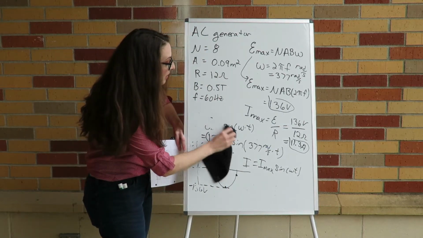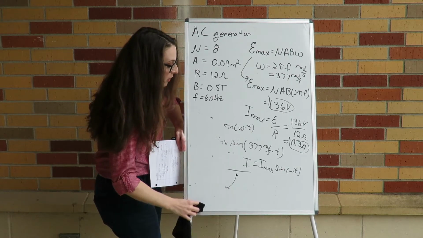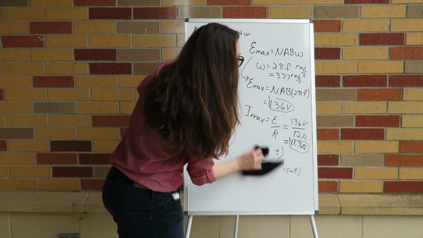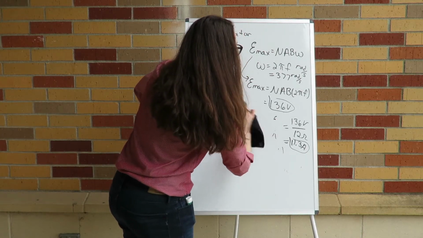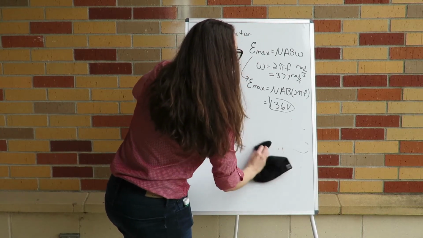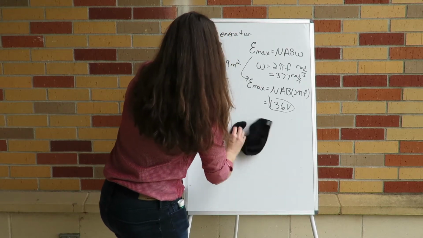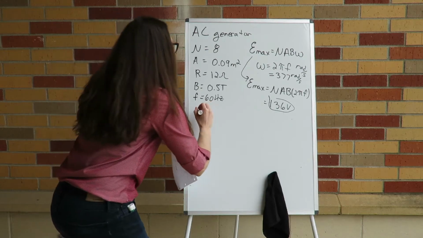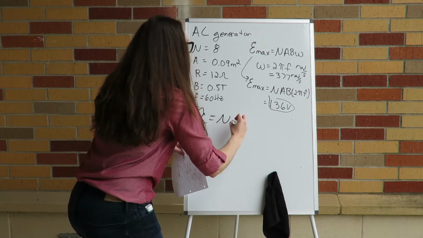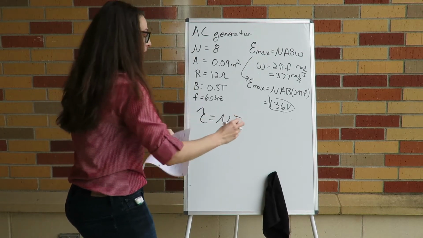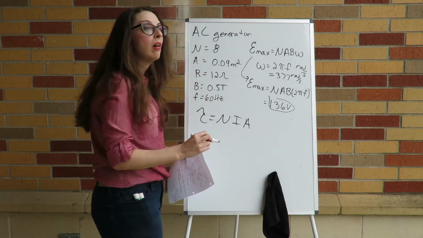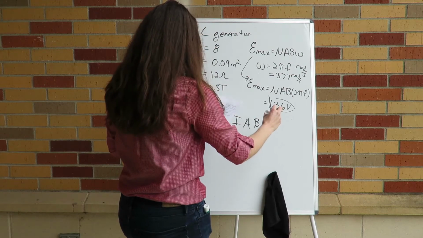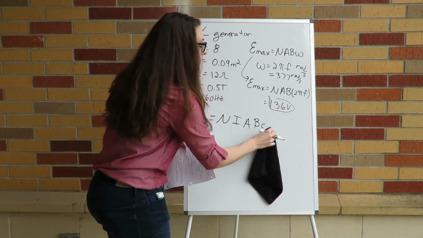Well, for that, we can refer back to our equation for magnetic torque on a loop from last chapter. And that is going to be torque is equal to the number of turns times I times the area of those turns times B sine theta.